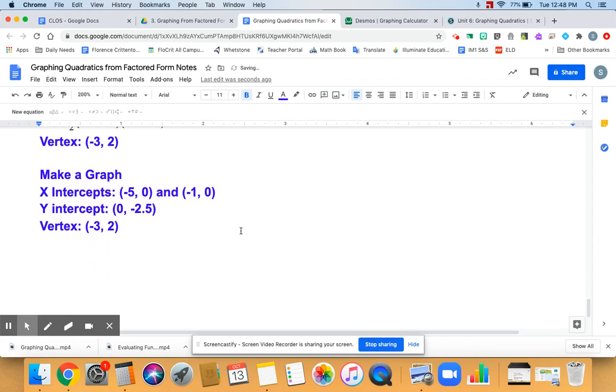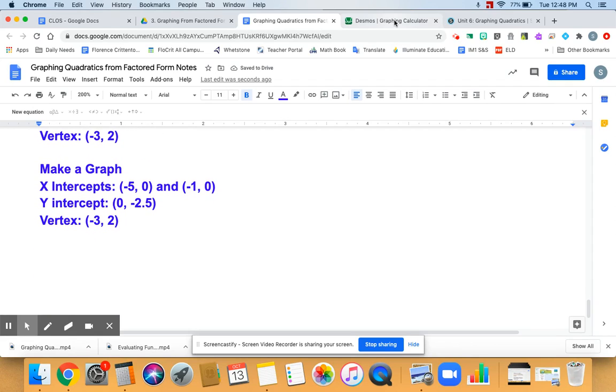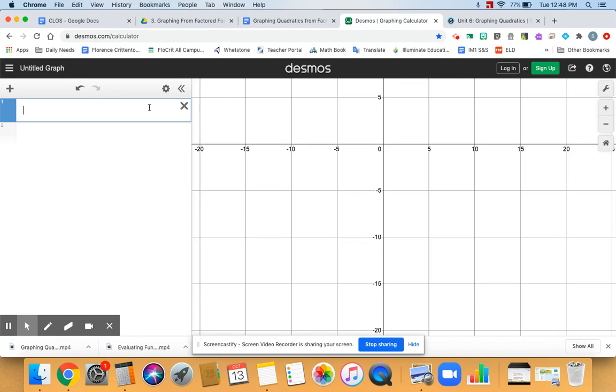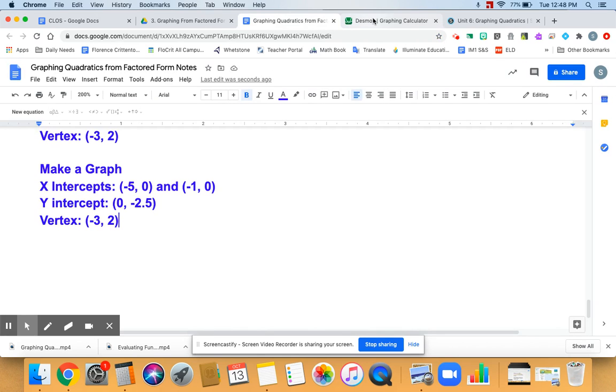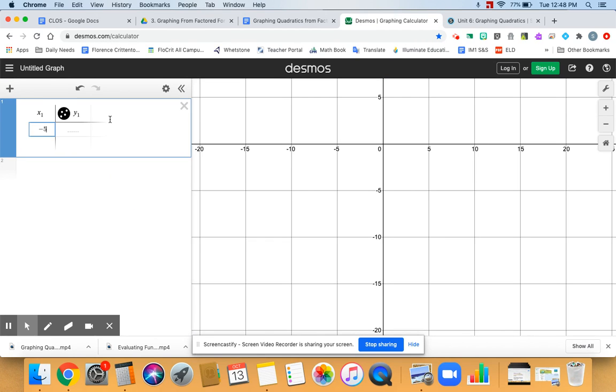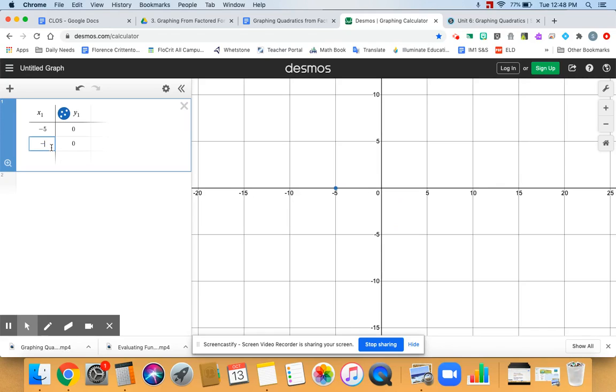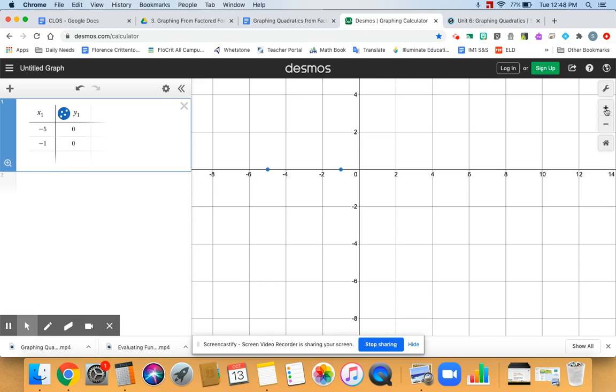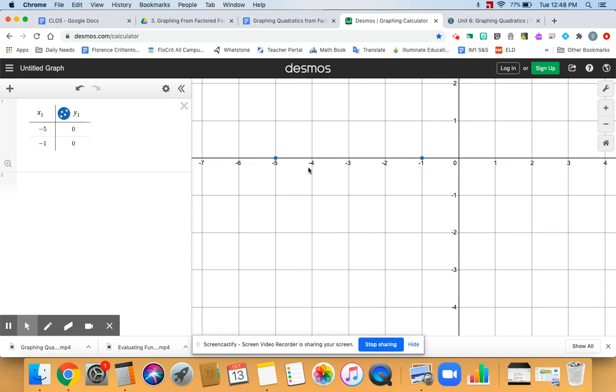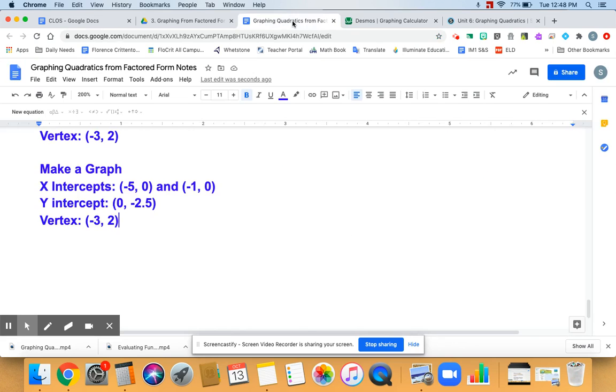And use them to make a graph. If I plug them into Desmos to make my graph, I have -5, 0, so -5 with 0. I have -1 with 0 right here. So if I zoom into the 1 scale, you can see them both now on their numbers.